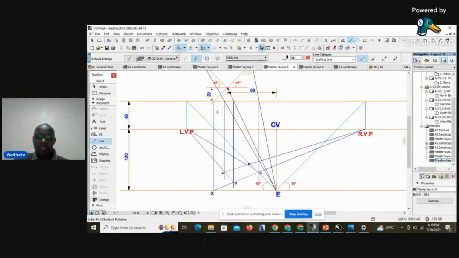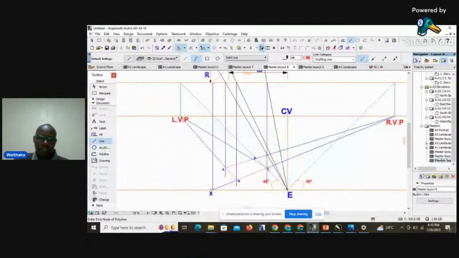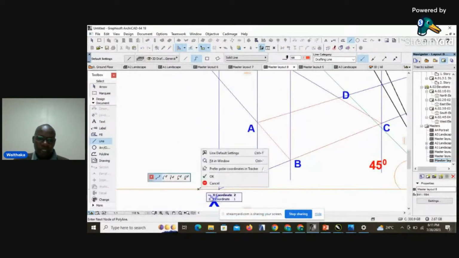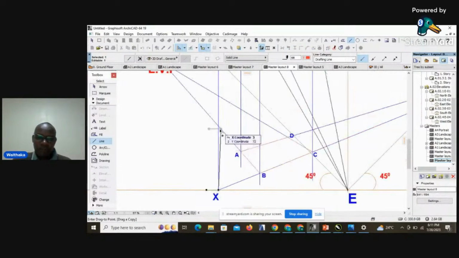And for this case, the height of the cube is basically 50 millimeters, because we are generating a cube that is 50 millimeters. So I'll just measure 50 millimeters from point X. Just measure 50 millimeters from point X, and that will give us the height of the cube.